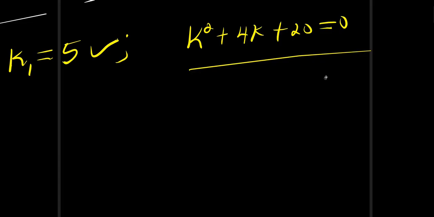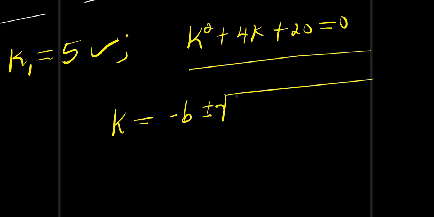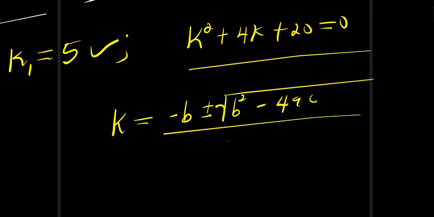We write the formula in respect to k. We have k equals negative b plus or minus square root of b squared minus 4 times ac, divided by 2 times a. So right now, we have a equals 1, which is the coefficient of k squared. B equals 4, which is the coefficient of k.